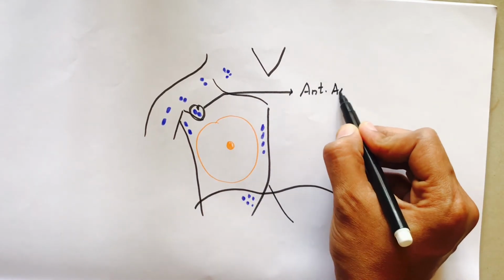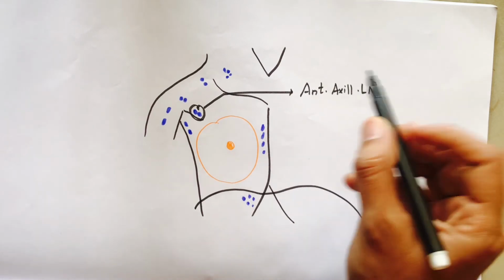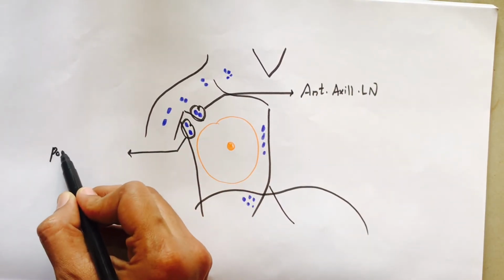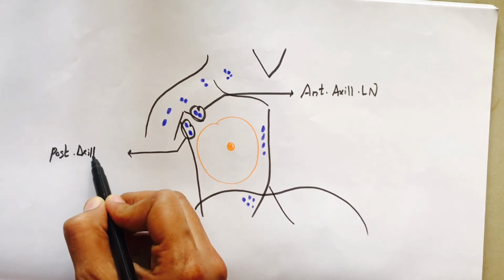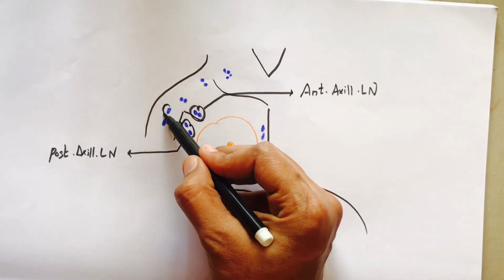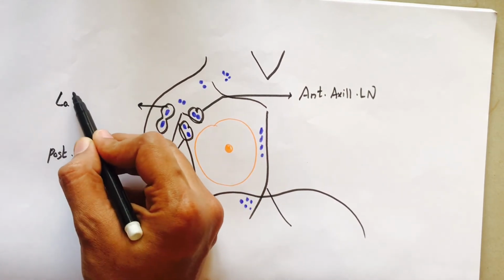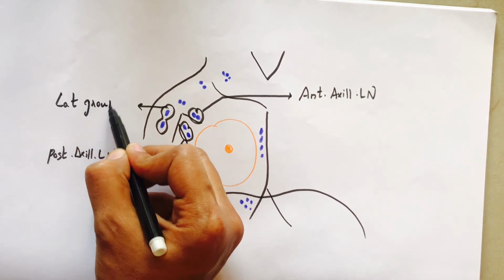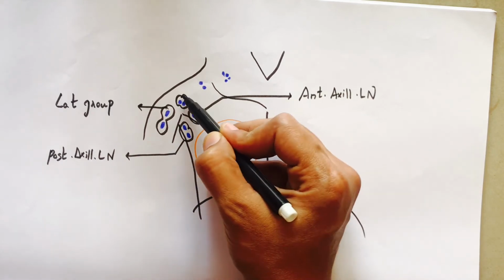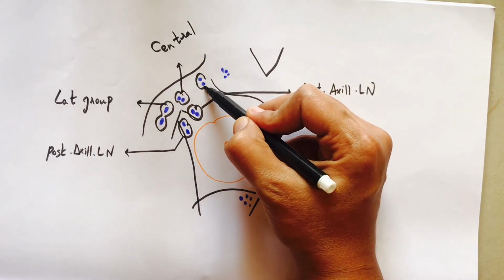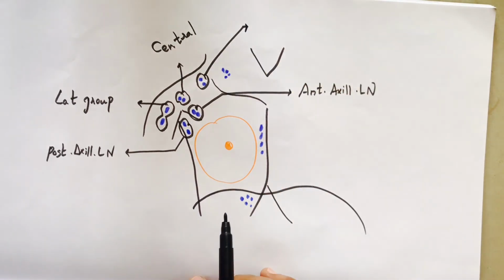So here, what are the axillary group of lymph nodes? Near the anterior axillary fold are the anterior axillary lymph nodes. In the posterior fold, posterior axillary lymph nodes. Laterally, we have the lateral group of axillary lymph nodes. Then the central group, that is the apical group.